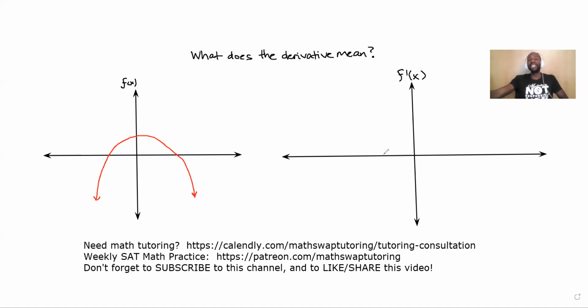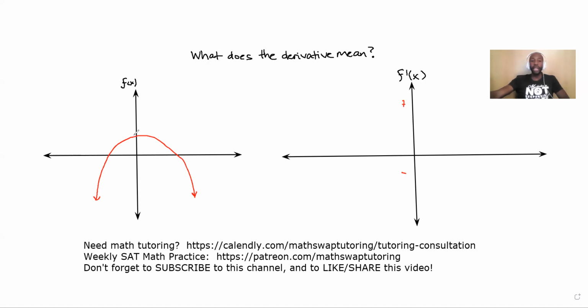So let's graph the derivative. Literally, if the graph of the derivative is positive, remember that means that it's going to be above the x-axis. It's going to be positive up here. It's going to be negative below the x-axis, right?